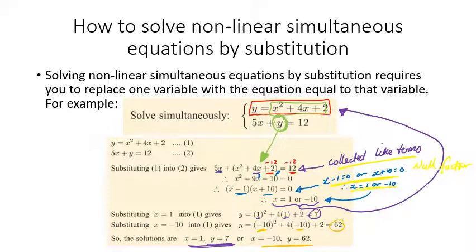Then we substituted our answers of 1 and negative 10 back into our original equation to find out what y was, and that's how we got our answers.